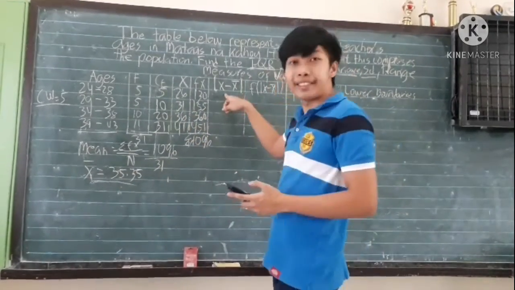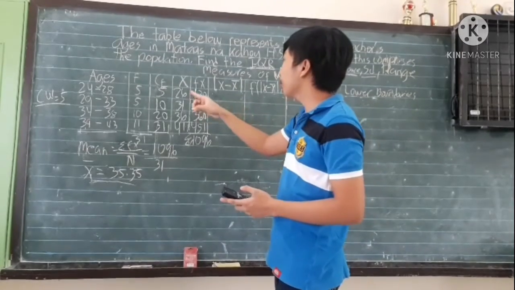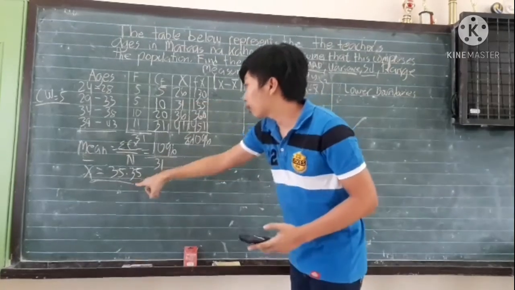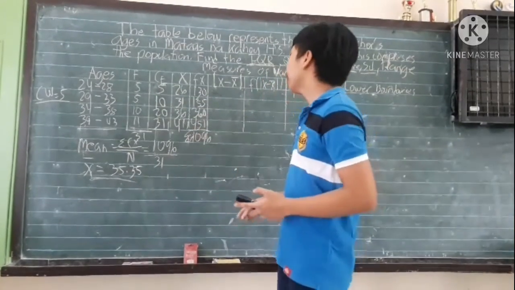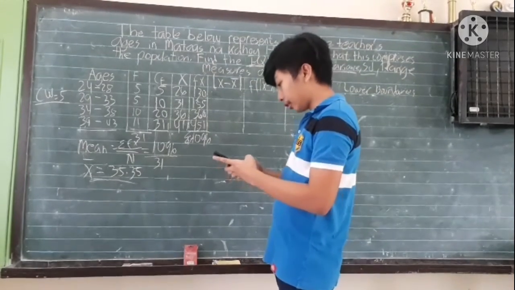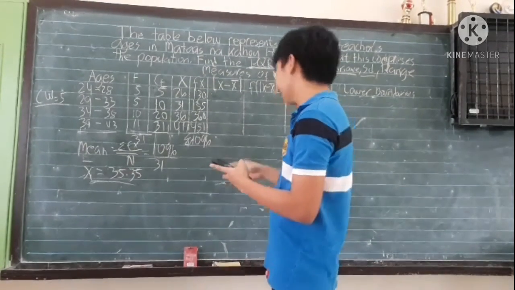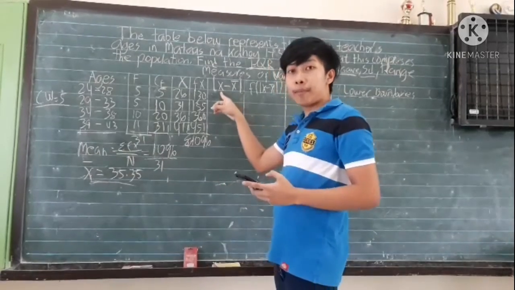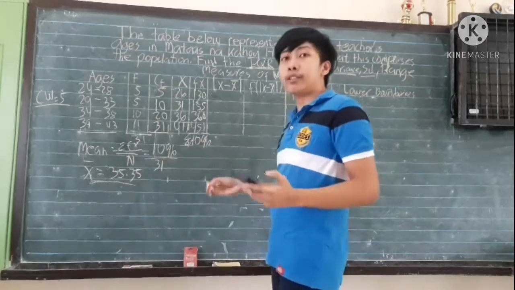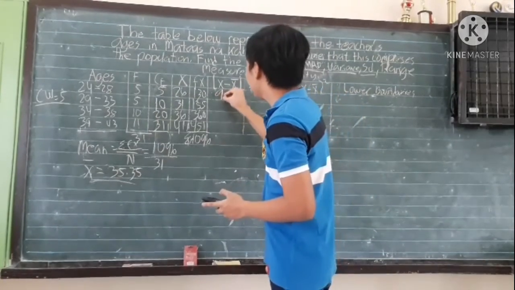So why do we get the mean? Because we need it here. We need to subtract the mean from the class mark, or x minus the mean. So 26 minus 35.35. Because we apply the absolute value, we disregard the negative sign. So 9.35.